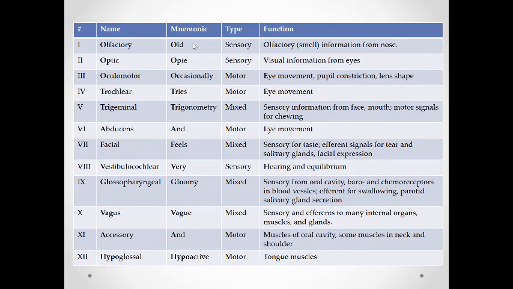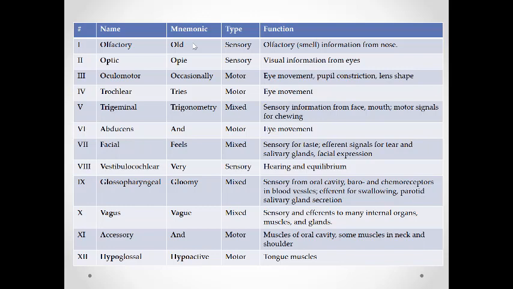The trochlear nerve is also involved with eye movement. The trigeminal nerve is involved with sensory information from your face and your mouth, and your motor signals for chewing and all of that. And it's a mixture of sensory and motor nerves.